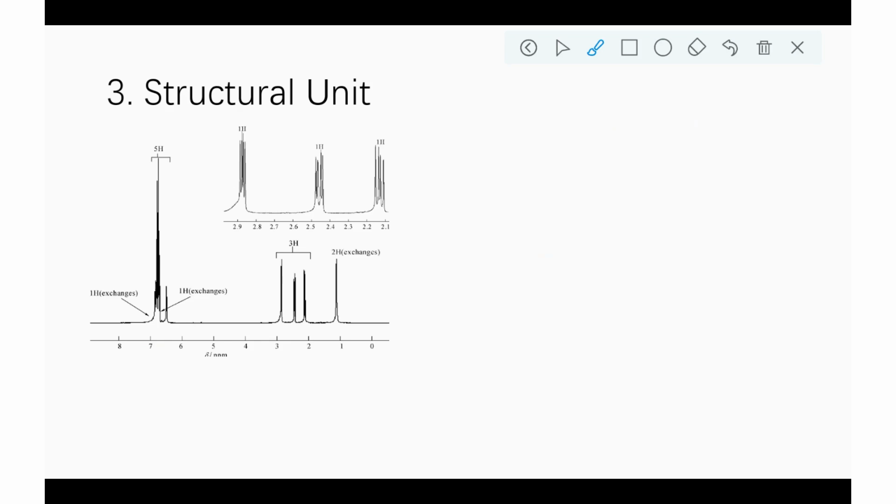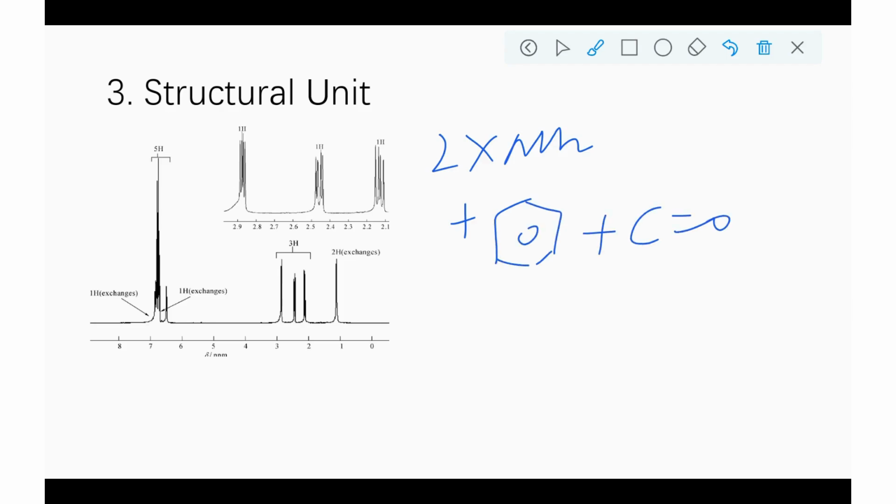And now we add up the units we currently know: there's 2 amine groups, an aromatic ring, and a carbonyl group, and it adds up to C7H9N2O.